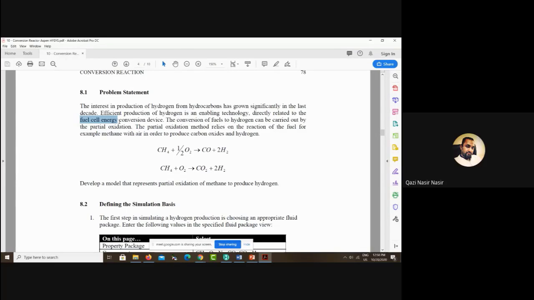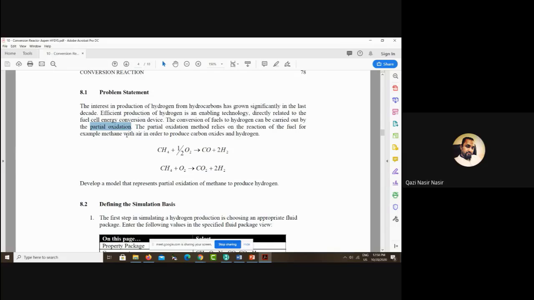So what is the idea? We need to remove as much carbon as possible from the hydrogen, so that the hydrogen is pure. Keeping this in mind, now the question starts. The fuel in this case is methane. The conversion of fuel to hydrogen can be carried out by partial oxidation. So how can you produce hydrogen from the fuel?